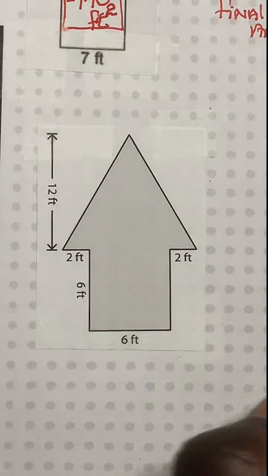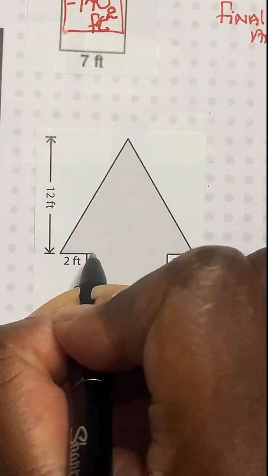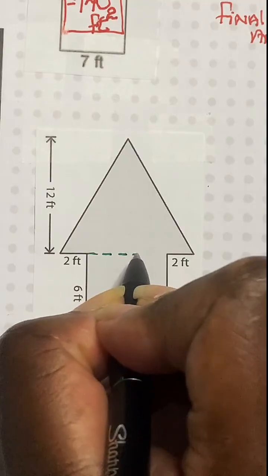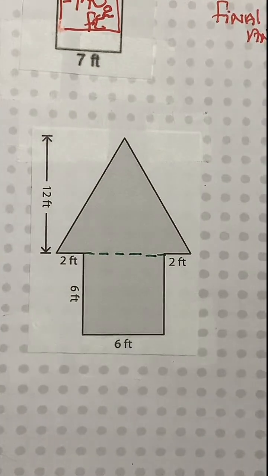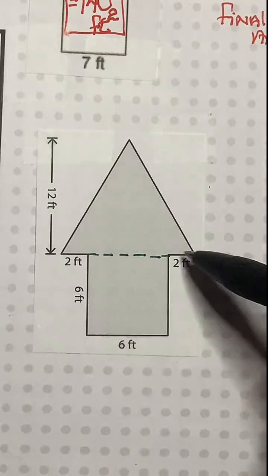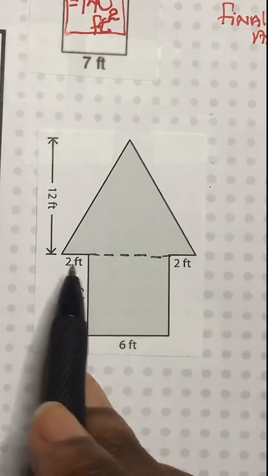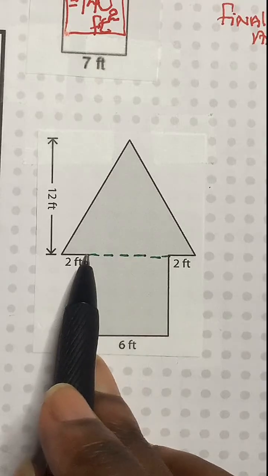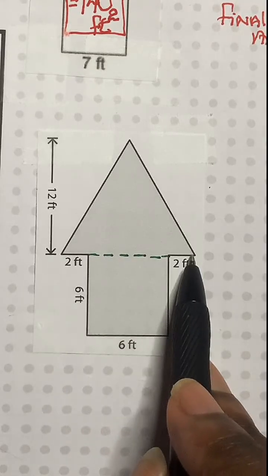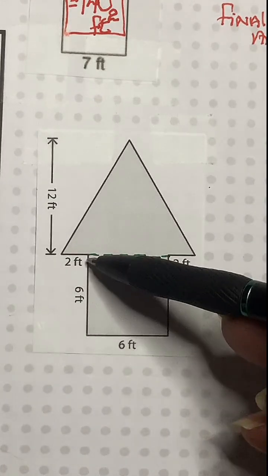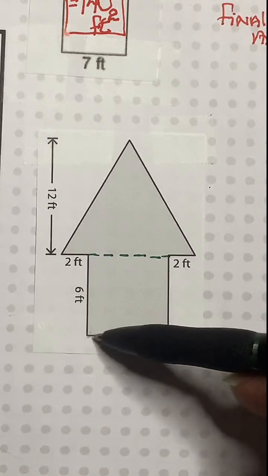Okay, so let's take a look. Let's go ahead and separate. I do have a triangle right here. This 2 feet goes from here to here. This 2 feet goes from here to here. But down here for the base, we have 6 feet and 6 feet.